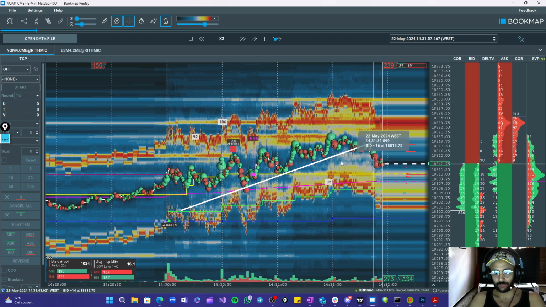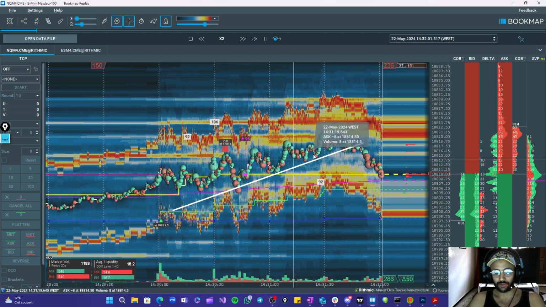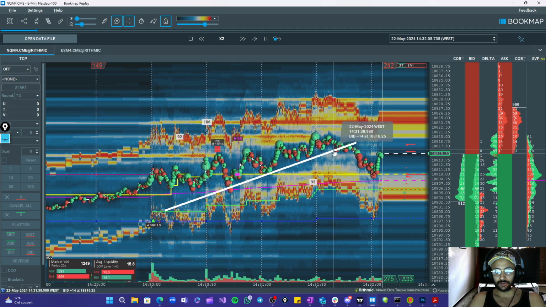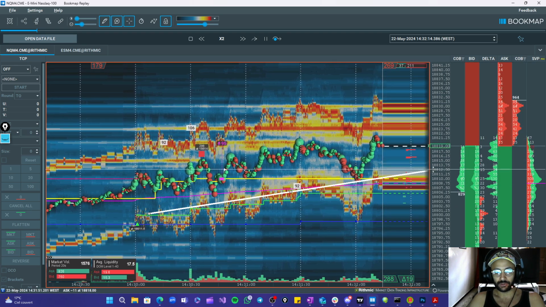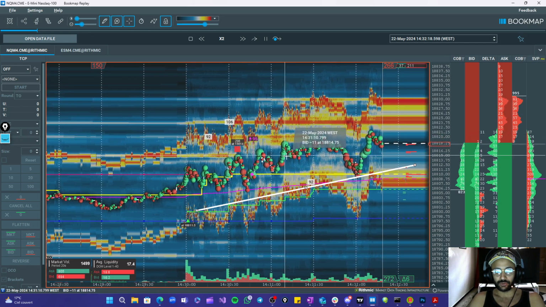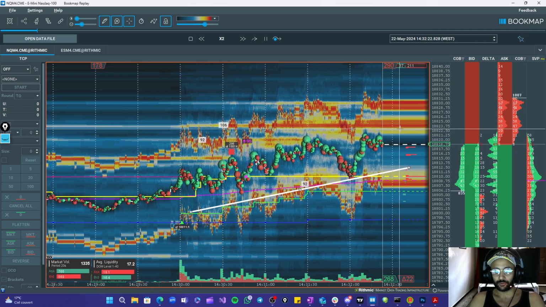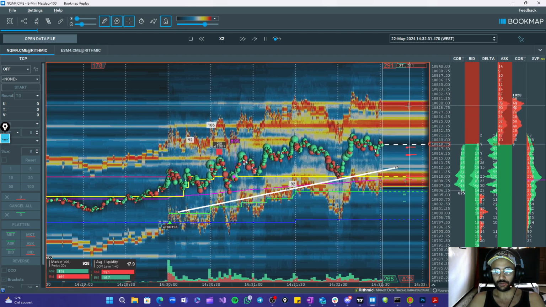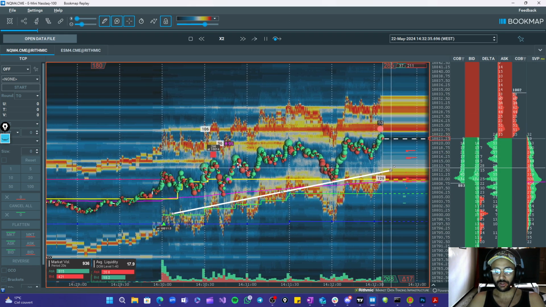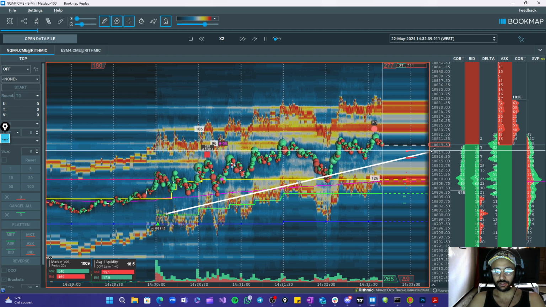Sometimes it can break because it's micro structure. So we can change this, for example. We still hold, and for sure we will fill this liquidity up here, as long as we are in this trend.